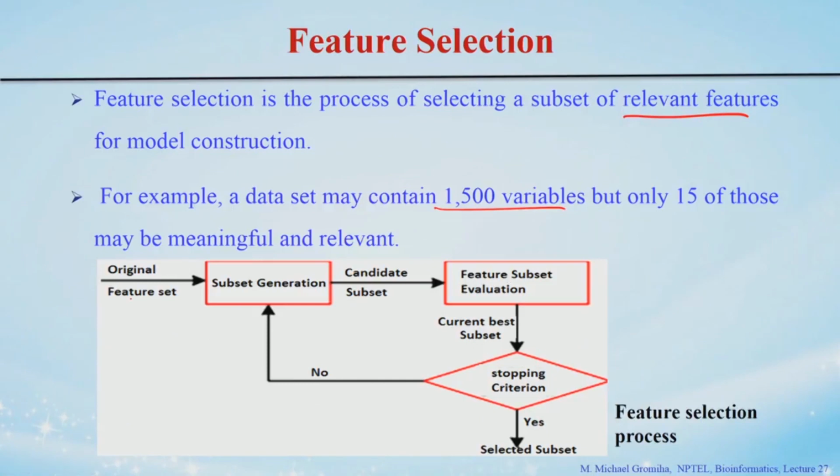So, here we have the original feature set, then first we need the subset. From these original features we can get the subsets, and from any candidate subset we evaluate the features. If this explains your activity data well, then go with the selected subset.